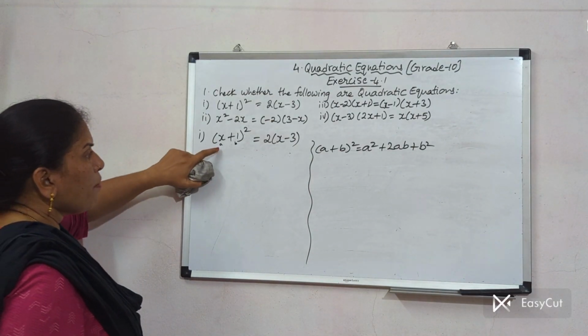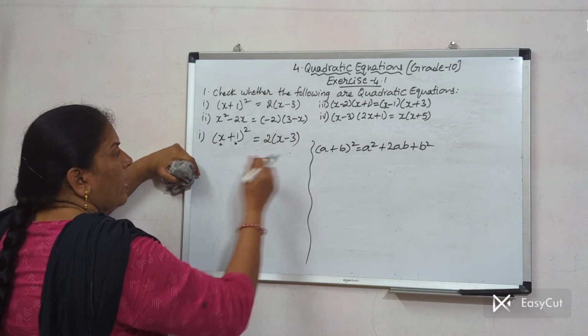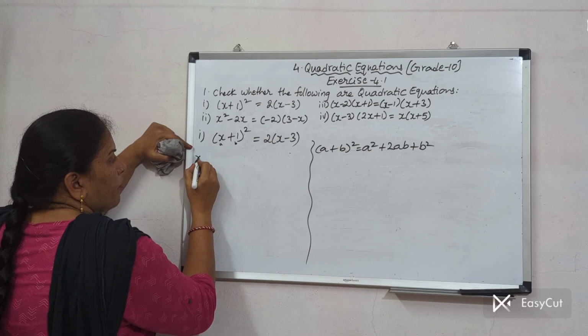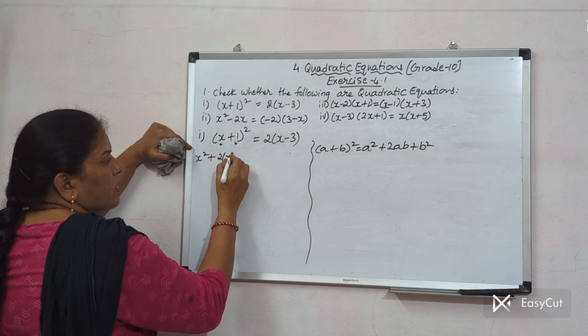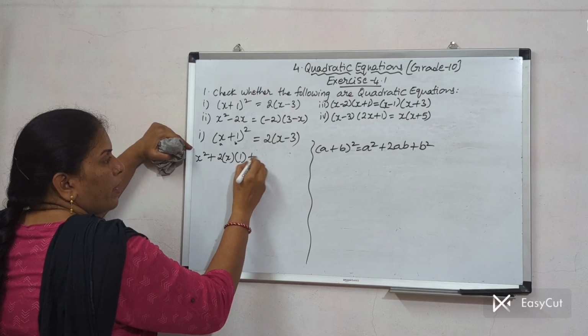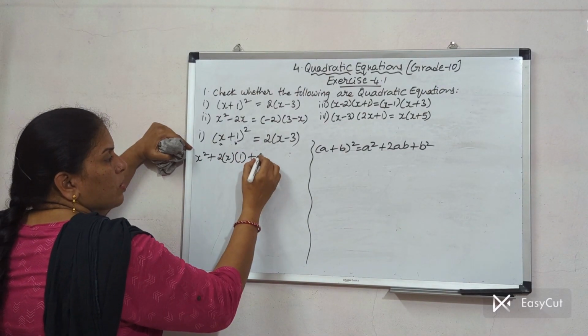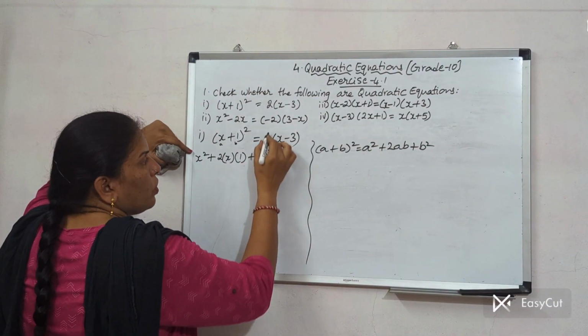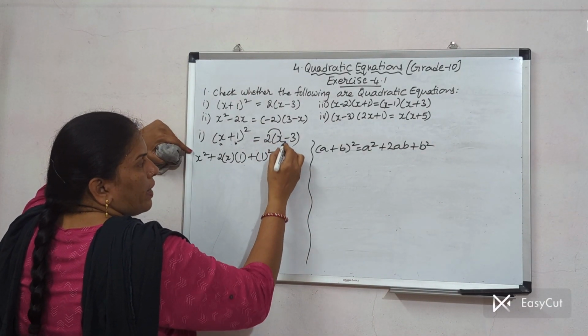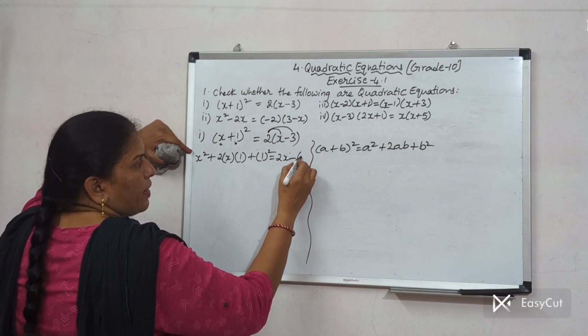Okay. a means x. a square means x square, plus 2ab: 2, a means x, b means 1, plus b square, b means 1 whole square. All of you understood now? Is equal to 2 into x is 2x, minus 2 into 3 is 6.